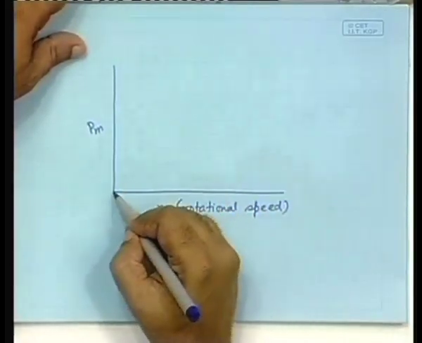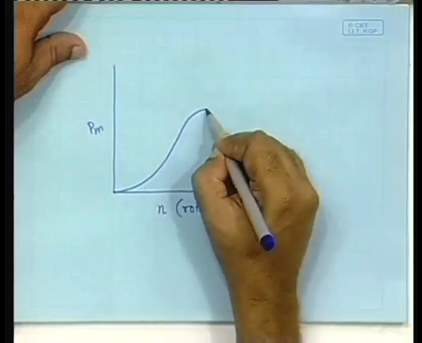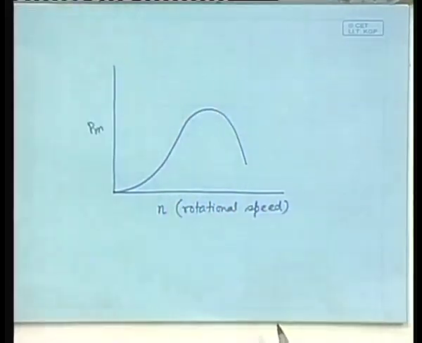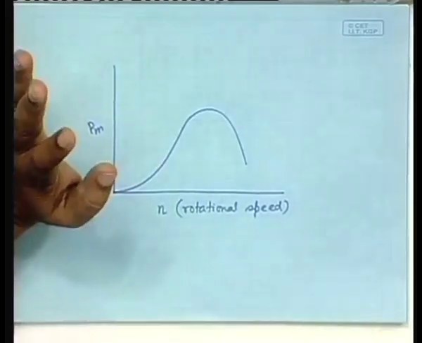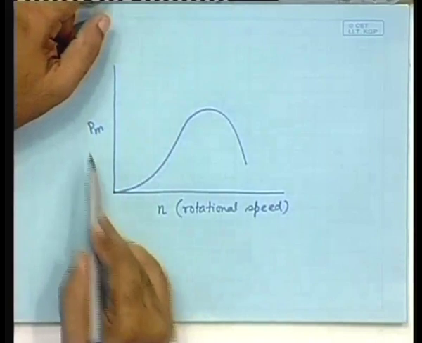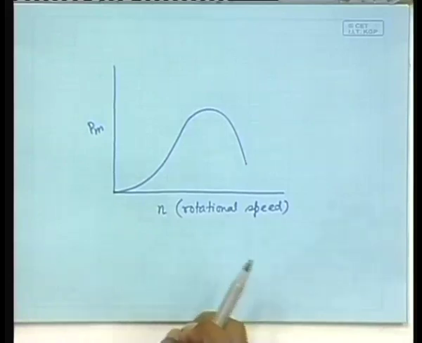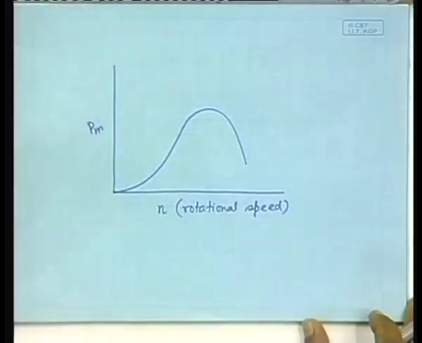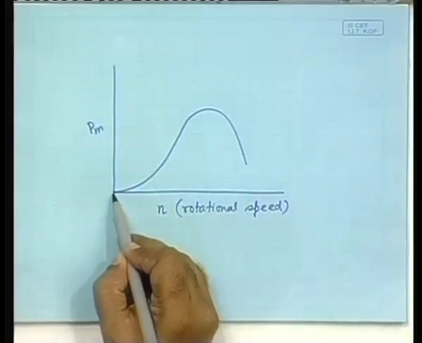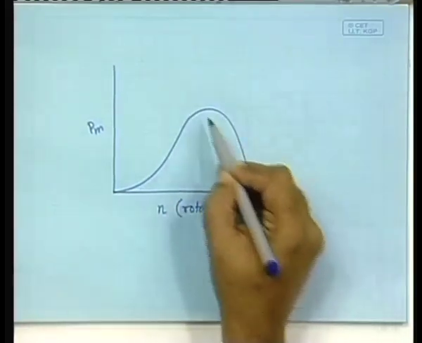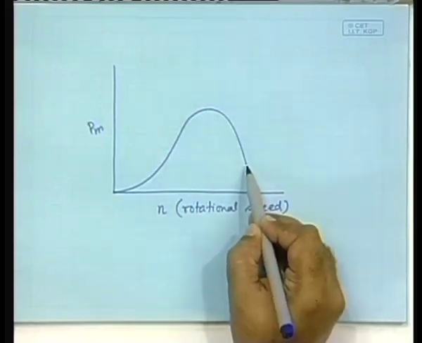So, the characteristic would be something like this. Okay. For a given wind speed, the power versus speed characteristic should be something like this. So, after starting at 0, it should rise up, reach a maximum, and then as you increase the speed further, it should go down.